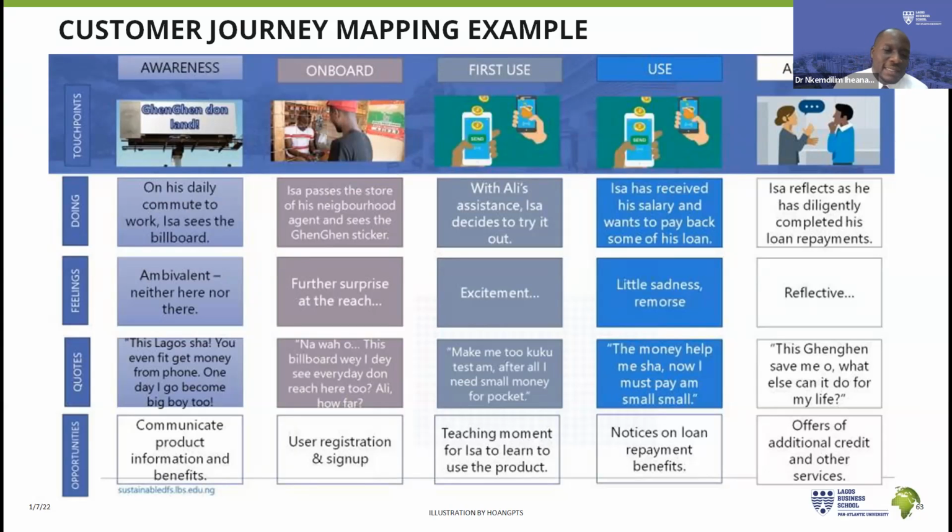Now, the opportunities are to communicate product information, also communicate product benefits. Now, in terms of onboarding, he passes a store in his neighborhood and sees the same sticker on a kiosk. Now, the feeling is further surprise at the reach. Wow, so this product I saw on the billboard is now actually within arm's reach.